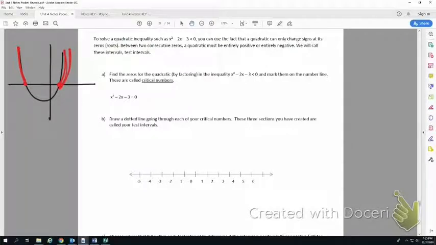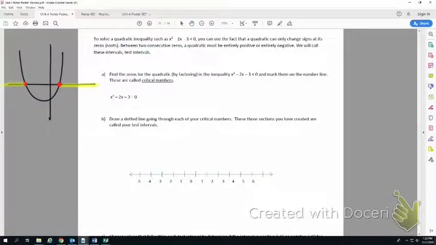Alright, so what we're going to do is solve the inequality just like we solved the problems in the warm-up. But your range of numbers that satisfies the inequality is going to be either these x values or these x values.